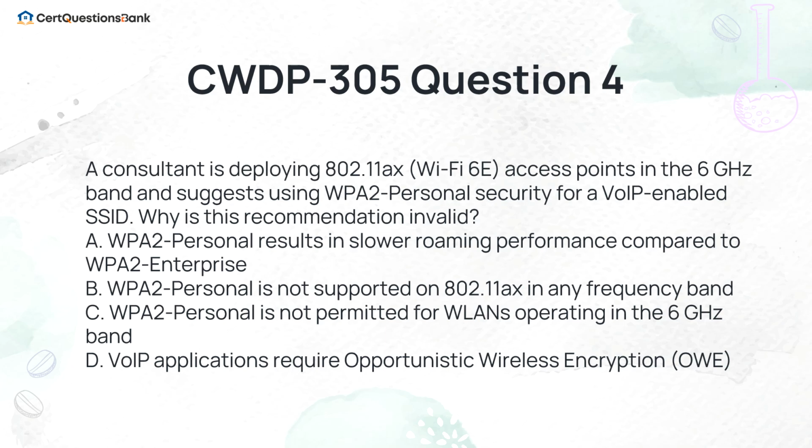A. WPA2-Personal results in slower roaming performance compared to WPA2-Enterprise. B. WPA2-Personal is not supported on 802.11ax in any frequency band. C. WPA2-Personal is not permitted for WLANs operating in the 6 GHz band. D. VoIP applications require Opportunistic Wireless Encryption, OWE.